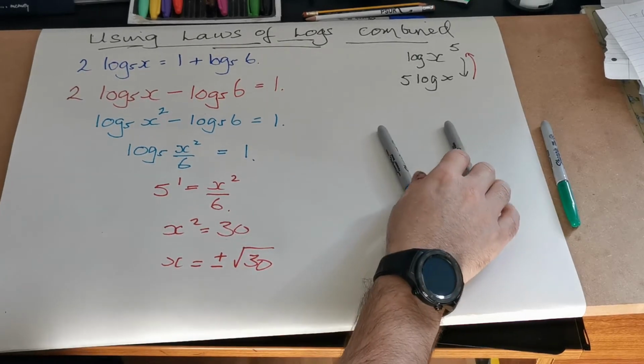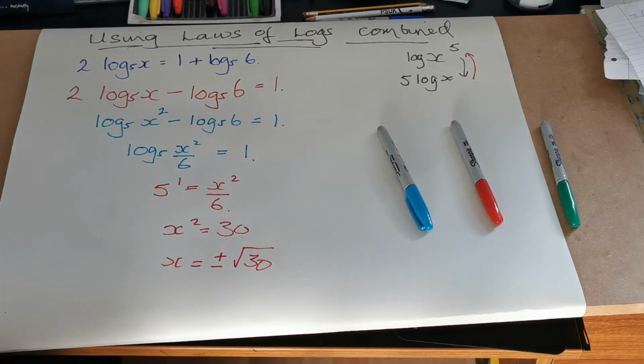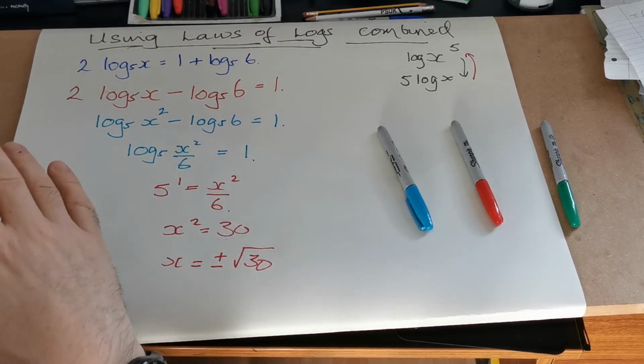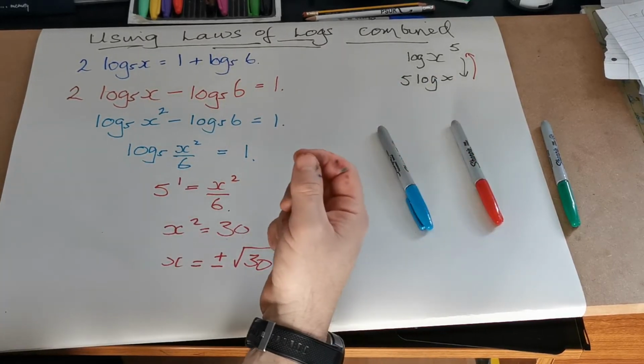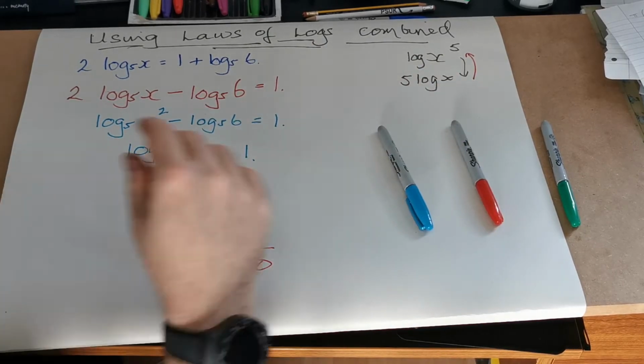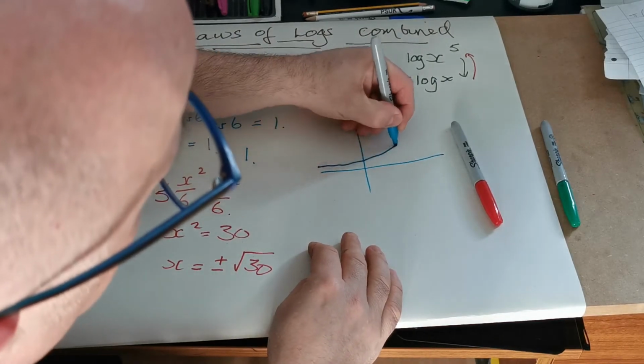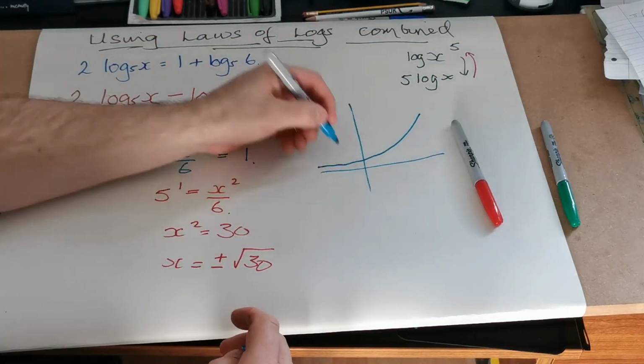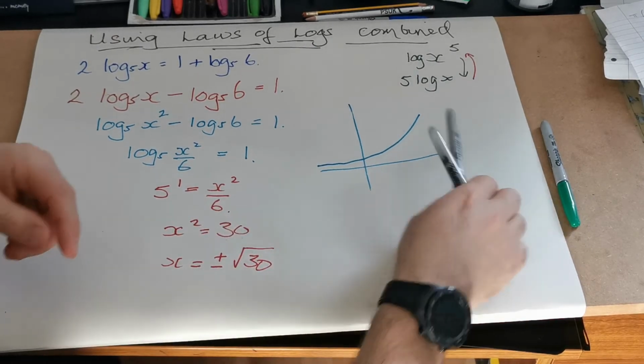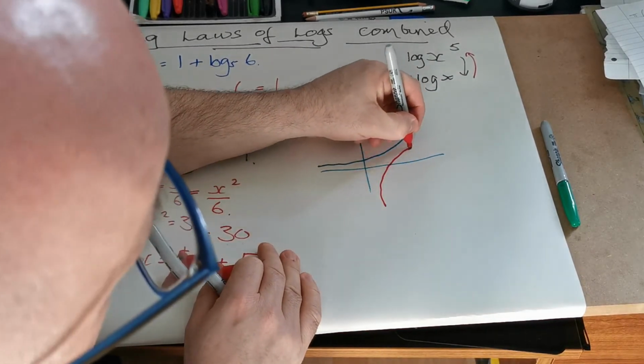Which is okay, but then you might think, well, can I take the log of a negative? And the answer is no, you can't take the log of a negative, because you can't take anything to the power of something to make it a negative answer. So when you think of your exponential graphs, they always look like that. So there's never a negative value, and the log graph looks like this.